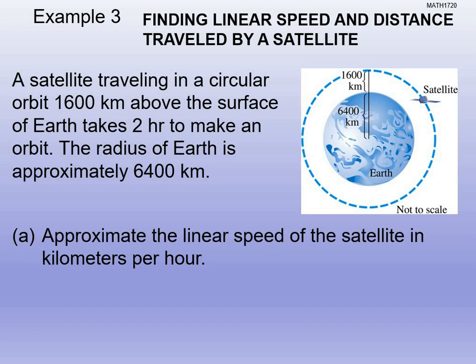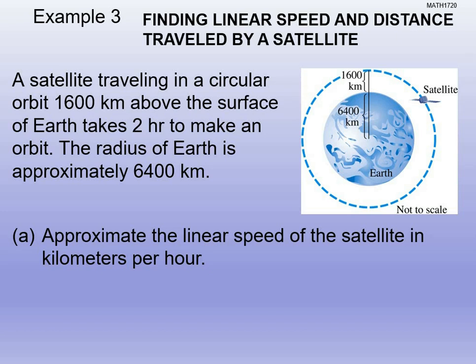So what you got to remember, if we're basing it from 0, 0 being the center of the Earth, you got to be very careful about this problem. What is your radius? Your radius is going to be the 6,400 plus the 1,600. So be very, very careful here. All right, so we're going to approximate the linear speed of the satellite in kilometers per hour. So this goes back to choosing the right equation.